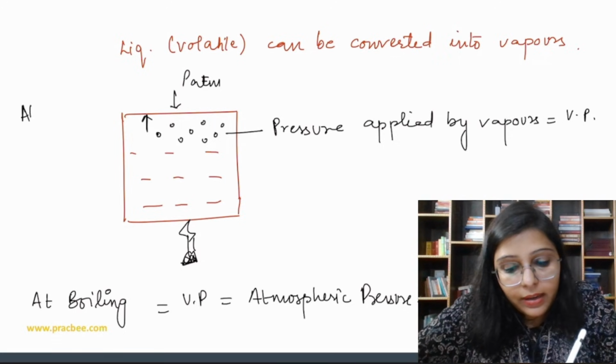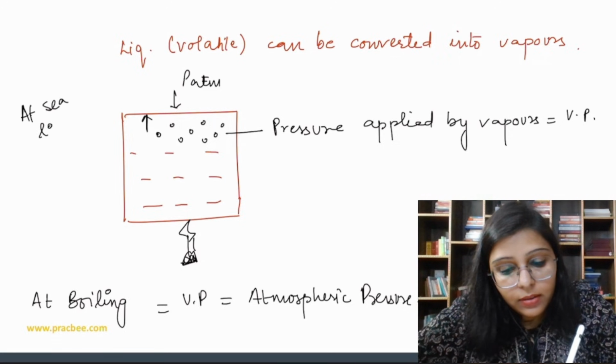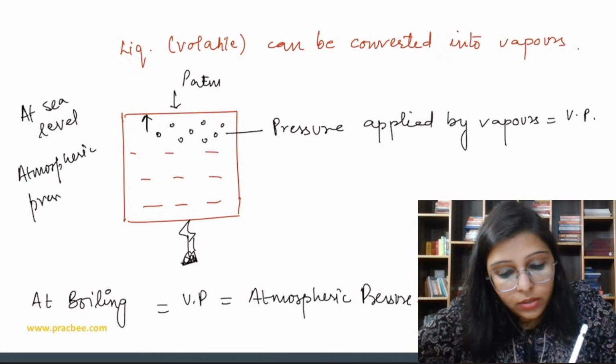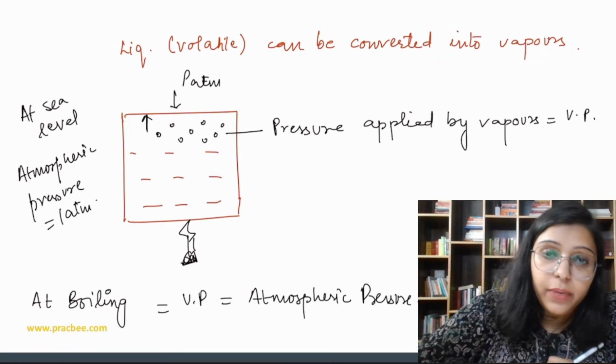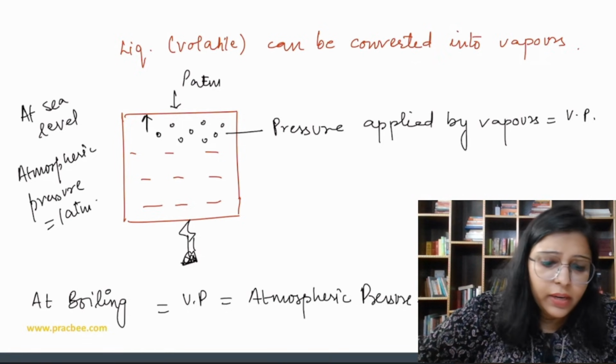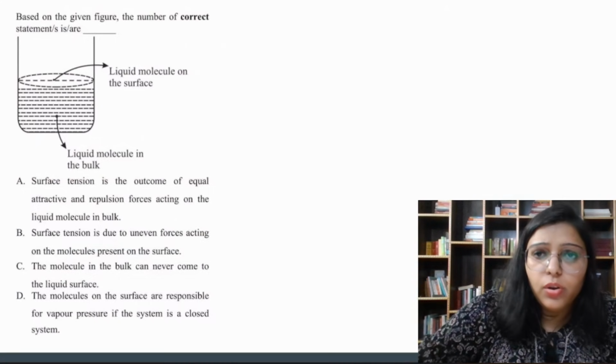At sea level, atmospheric pressure is equal to 180. Okay, bete. So this is a theoretical part, right? Let's do some questions on this.